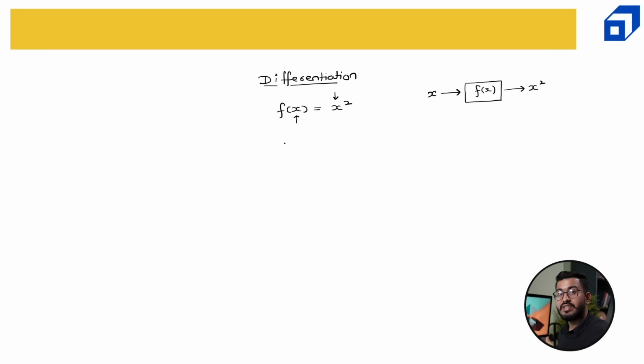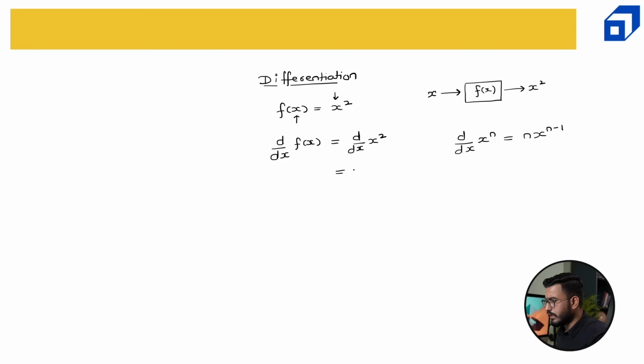Now if I have to differentiate this function, then we use the term dy by dx of f of x. Here also we will apply dy by dx of x square. There is a general formula of differentiation, which is dy by dx of x to the power n is n x to the power n minus 1. That's the general formula.